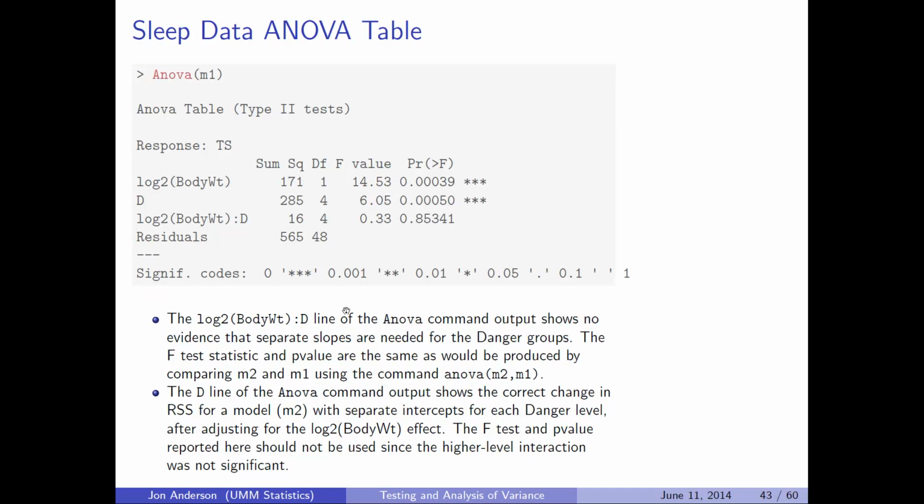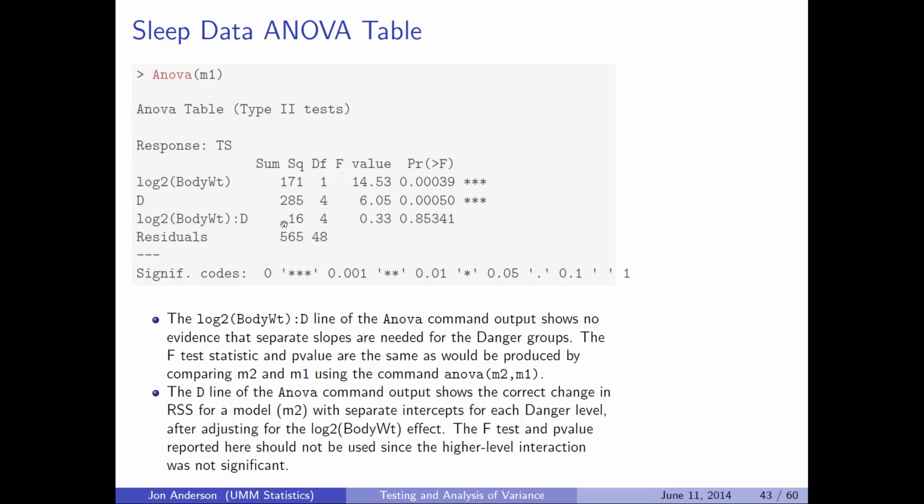All right, let's take a look at the capital A ANOVA command for our model M1. We can see from this that the interaction between log 2 of body weight and danger grouping, this would be the appropriate type 2 test effect.